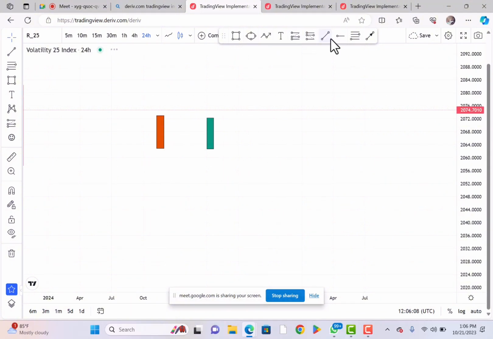Now the bearish candle has an open price here. Most of the time it comes with a wick. Allow me to put in the wick. Okay, so this is how the bearish candle looks.